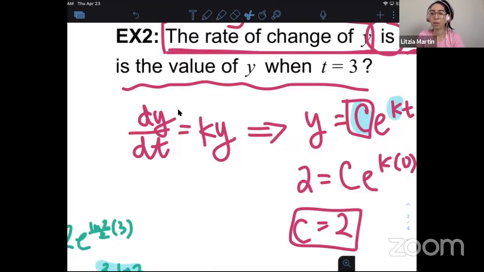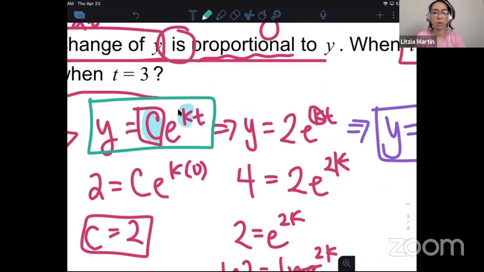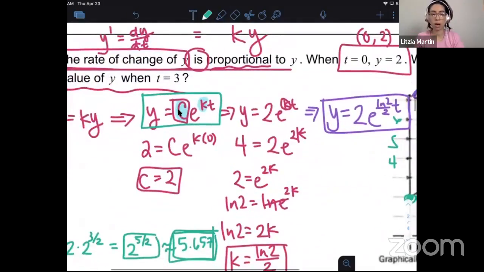And so when that rate of change is directly proportional to y, then we can go ahead and solve the equation, meaning find its original y equation, by using the theorem that says y is going to equal c times e to the k times t. And we proved that last class. We did all the integration for it. So because we've done that already, we can just invoke that theorem from now on.